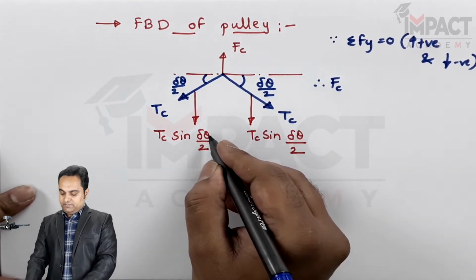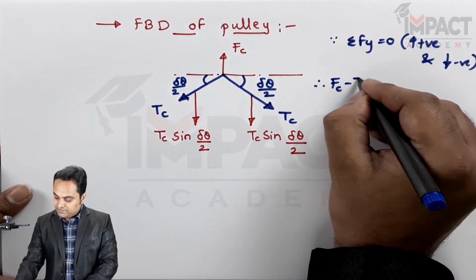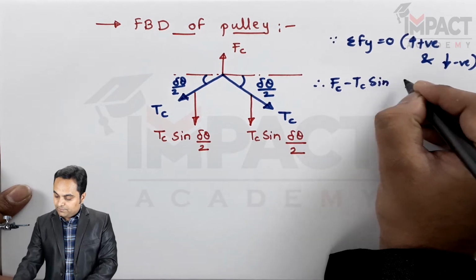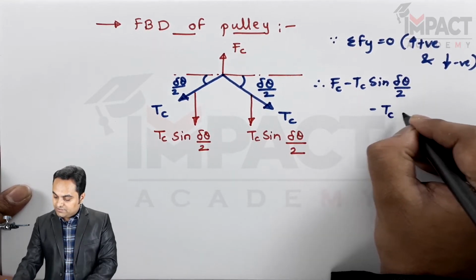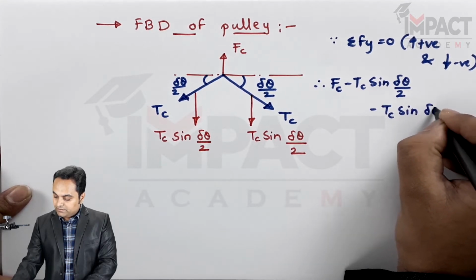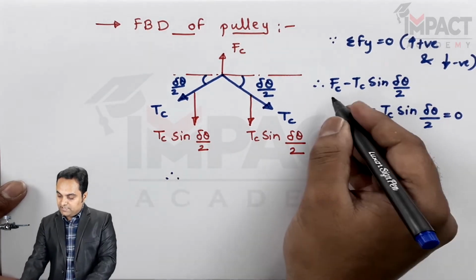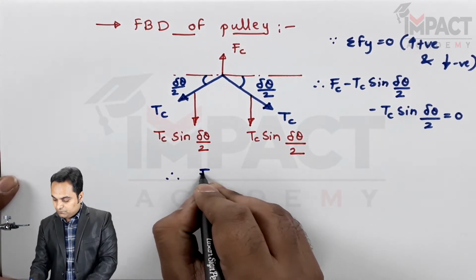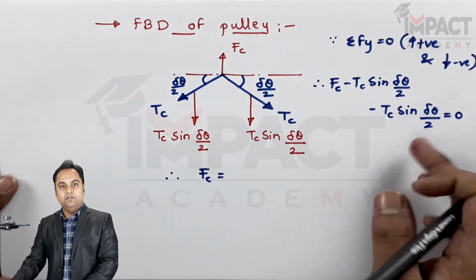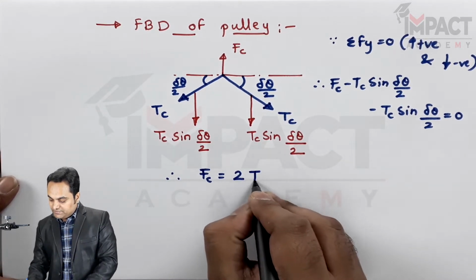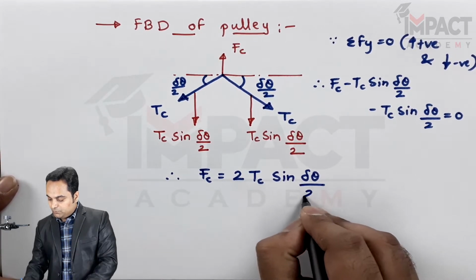Tc sine delta theta by 2, both are negative, so that will be minus Tc sine delta theta by 2 and minus Tc sine delta theta by 2, and they are all equal to 0. So from this Fc will be, when both these terms go on to the right hand side, they would be added, so that will give me 2 Tc sine delta theta by 2.